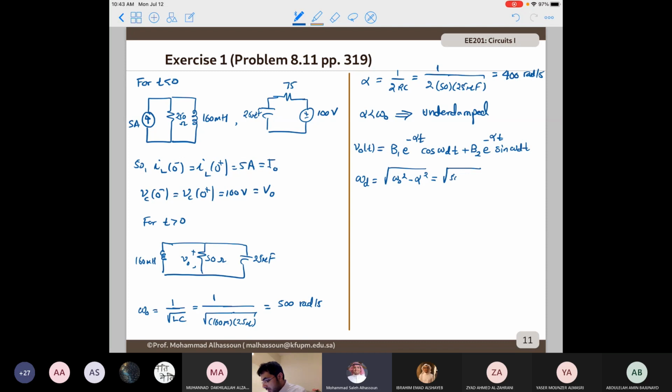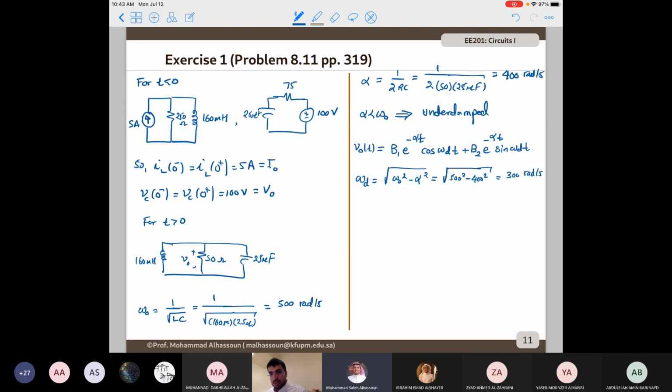So it's clearly going to be 300. Think about it this way: if you have a triangle with 3 and 4, then by the Pythagorean theorem, this one should be 5. And this is exactly it.